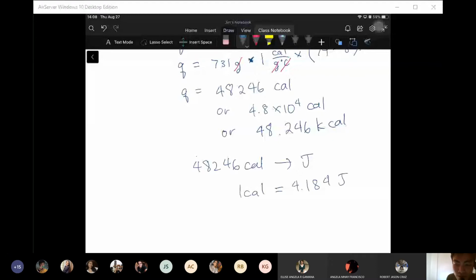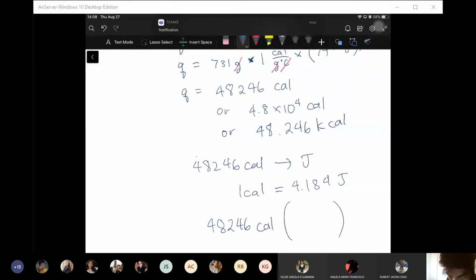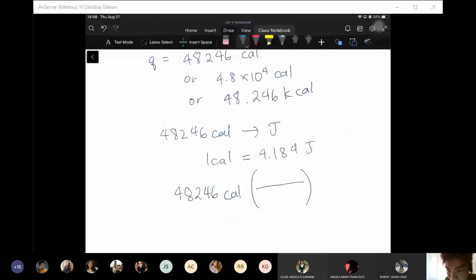So all I have to do is multiply the given unit by the conversion factor. 48246 calories times, sino yung nasa baba? Yung 1 calorie. Nasa taas si joule para mag-cancel yung units. So, ano sagot? Times.